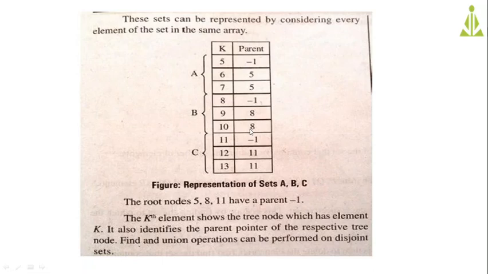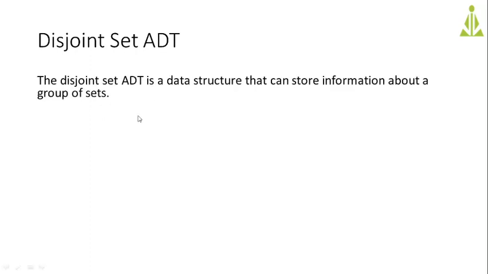Now our next topic is the disjoint set. The disjoint set ADT is a data structure that can store information about a group of sets. It supports the following operations. So what is an ADT?